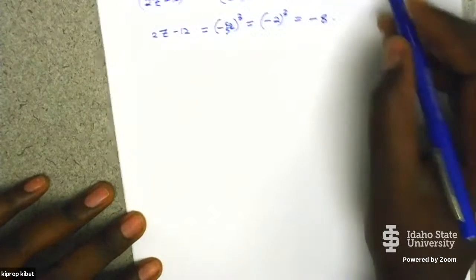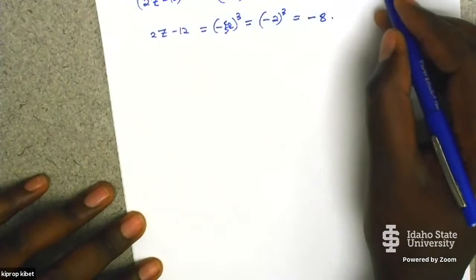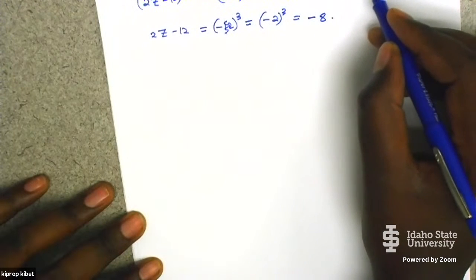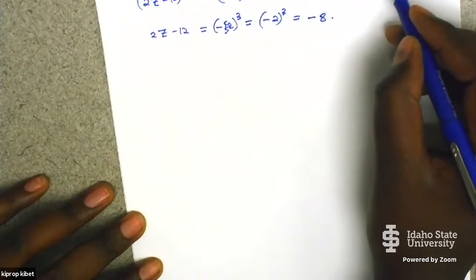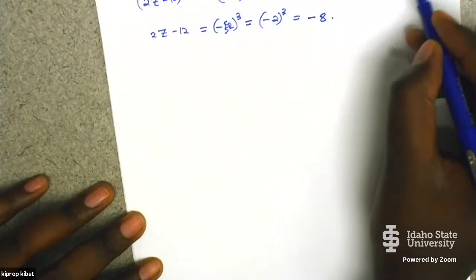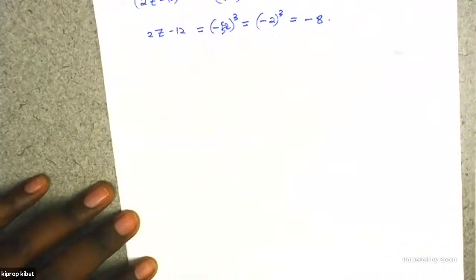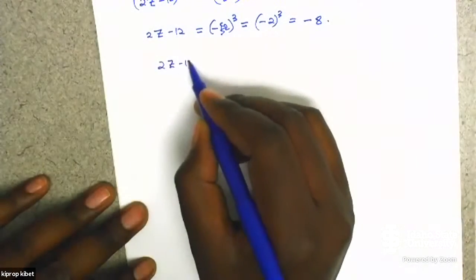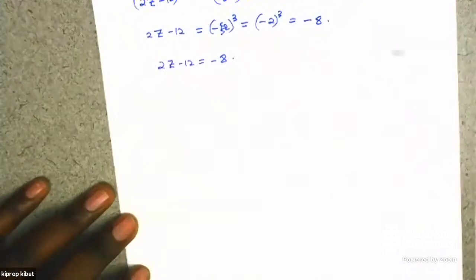Negative 8. -2 multiplied by -2 multiplied by -2. So this is +4 multiplied by -2, and you get -8. Now, 2z minus 12 equals -8.